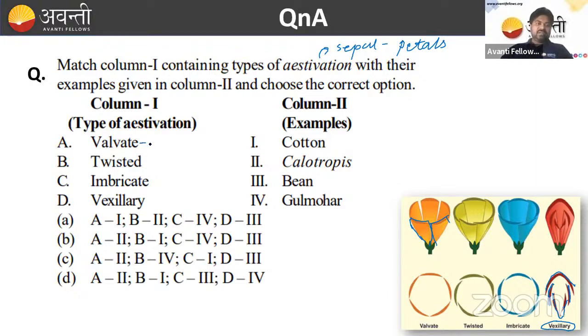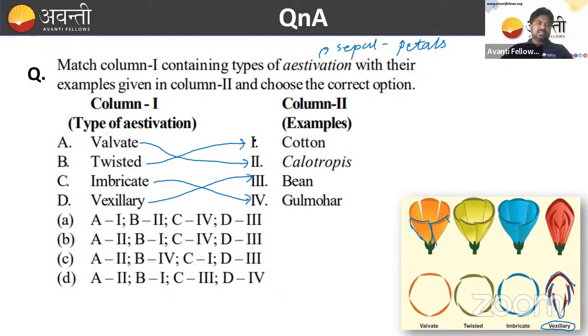In case of valvate, calotropis is the correct example. In case of twisted, China rose, lady finger, and cotton are the examples. In case of imbricate, gulmohur is the example. In case of vexillary, bean or pea flower is the example.